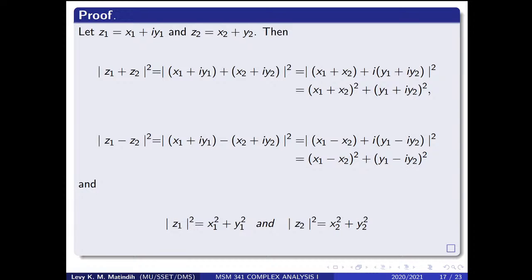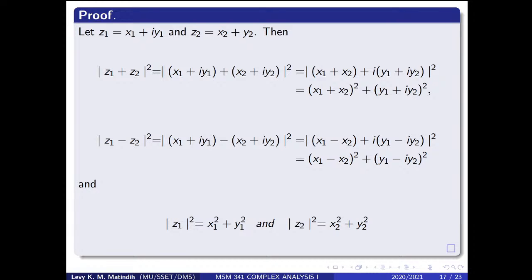So we are saying, let Z1 be equal to x1 plus iy1 and Z2 be equal to x2 plus iy2. Then the square of the modulus of z1 plus z2 is equal to the square of the modulus of x1 plus iy1 plus x2 plus iy2.